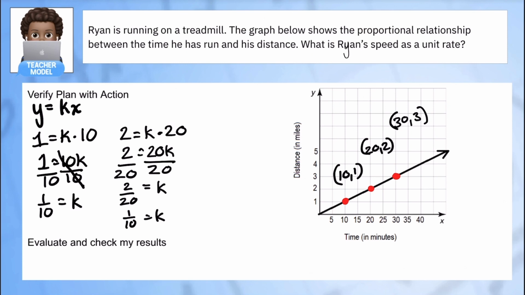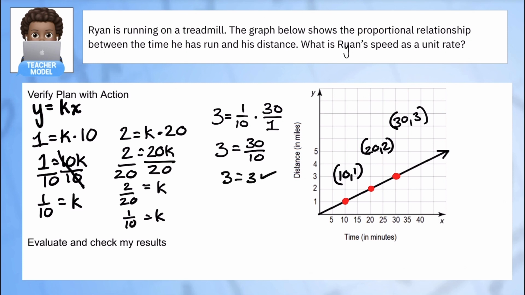So let's try something for the third one just to truly verify this. I'm going to put all the points in. So let's use (30, 3). So 3 is equal to 1/10 times 30. So let's see if this is true. I'm going to just put a 1 underneath here. And I'm getting 3 is equal to 30 over 10. And yeah, that is true. 3 is equal to 3.